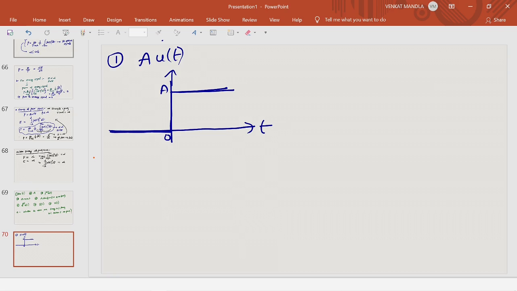Okay. So in the first case itself, if you assume it is an energy signal and the energy comes as finite, then it is an energy signal. I am assuming that it is a power signal. And it is not a periodic signal, remember.